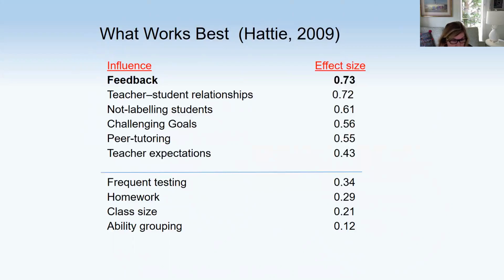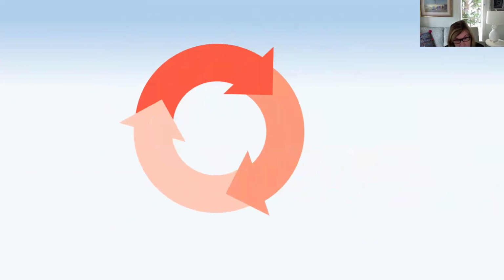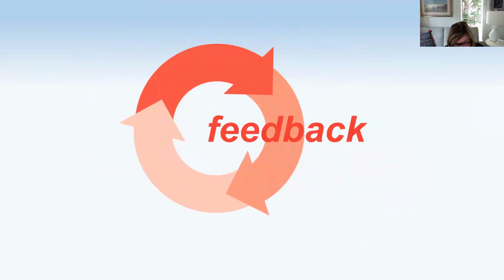And Hattie says those above 0.4 are influences we need to pay attention to, whereas those below 0.4 are influences that we might want to give further consideration. And you can see that feedback is a powerful influence. So with it being that powerful, and that's one of the reasons that formative assessment works, we need to ensure that feedback is a part of a child's learning repertoire.